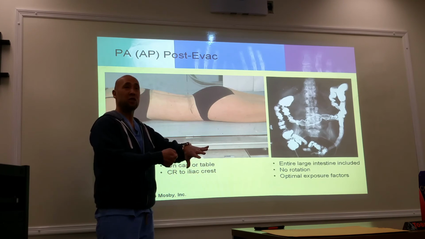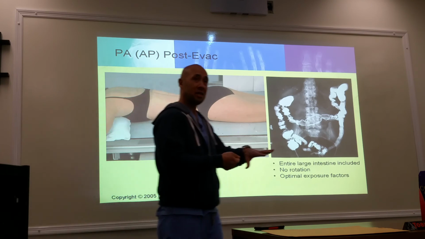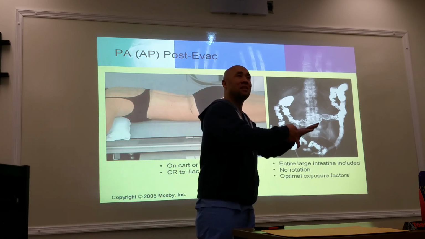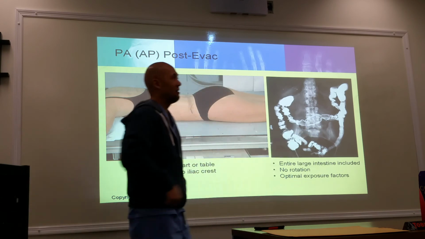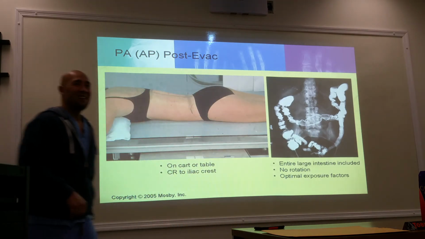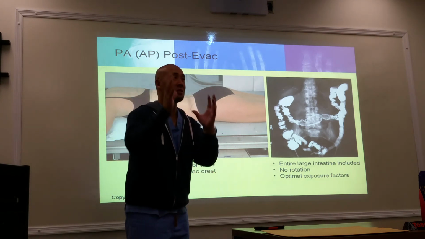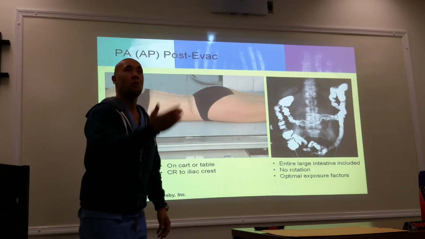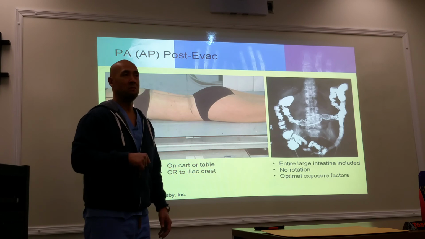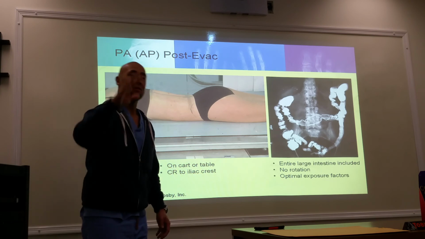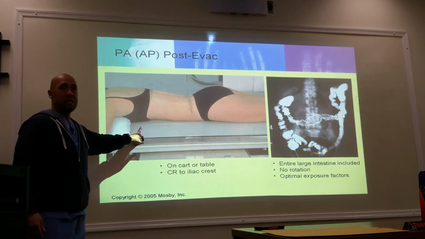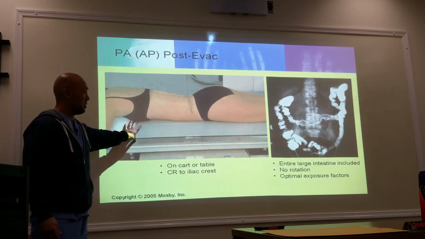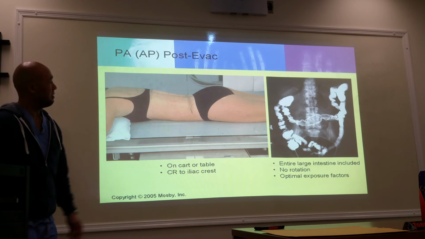Same thing, you're going to have them do it on expiration. Same instructions: take a deep breath in, blow it out. Then dump the contents in your receptacle, sit them up, and escort them to the bathroom. Have them empty out, come back in, and then you'll do your post-evac PA, because it gets the bowels closer to the image receptor.